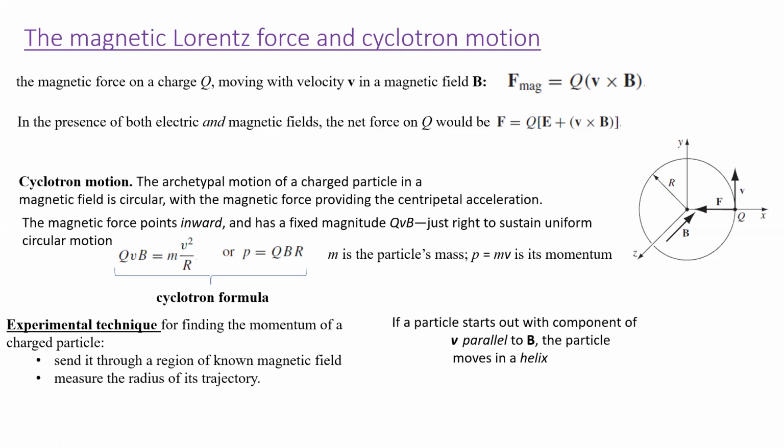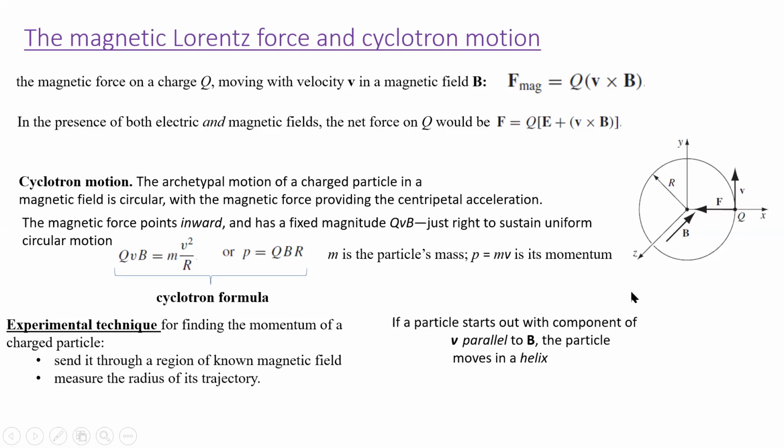Interestingly, if the particle starts off with a velocity which is perpendicular to the magnetic field, so it starts out in the y direction, where the magnetic field is in the minus z direction.